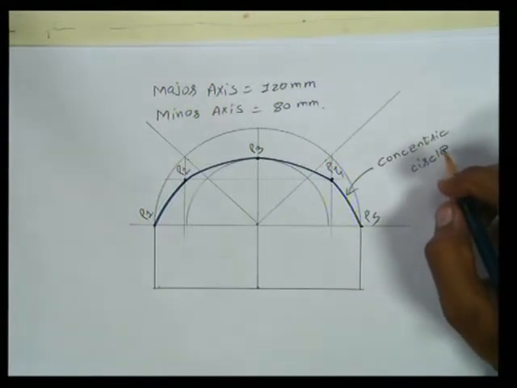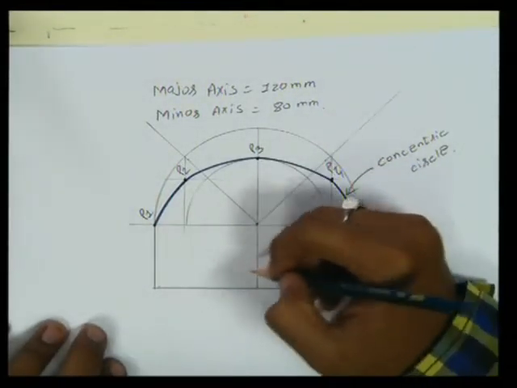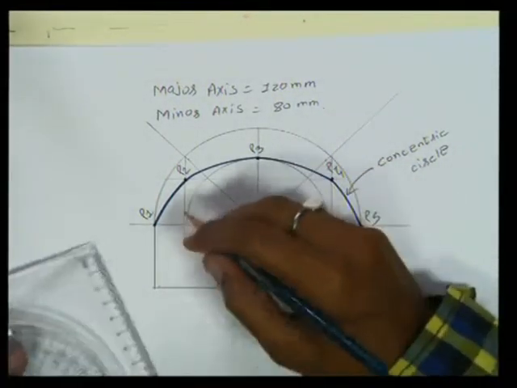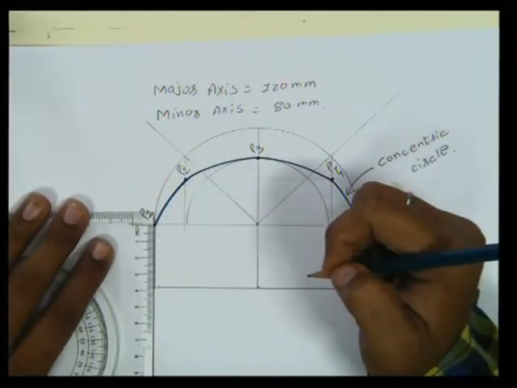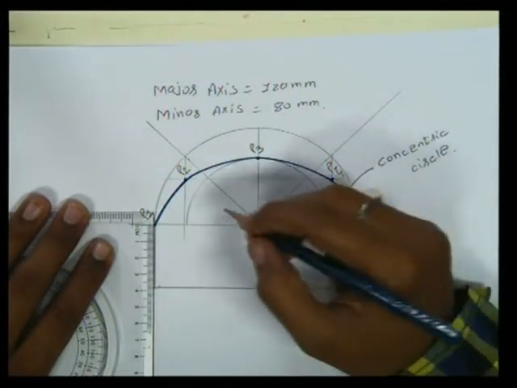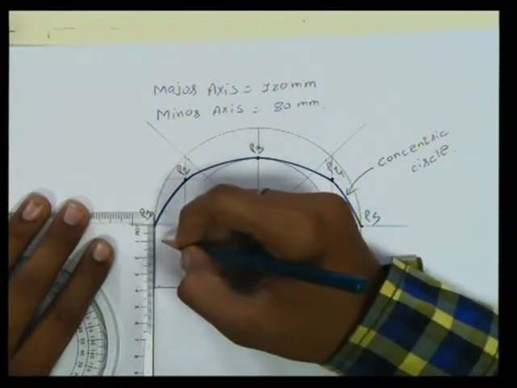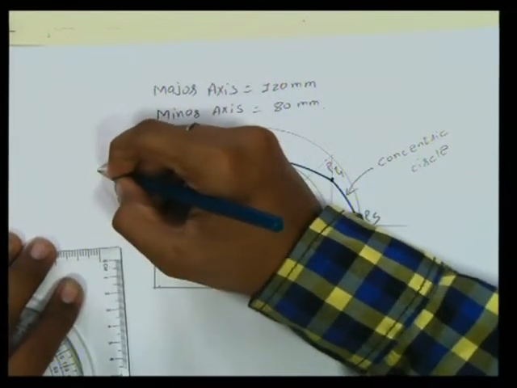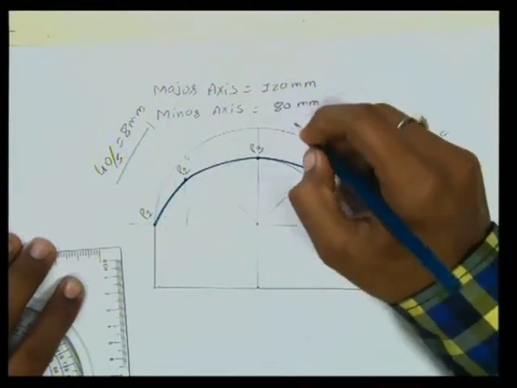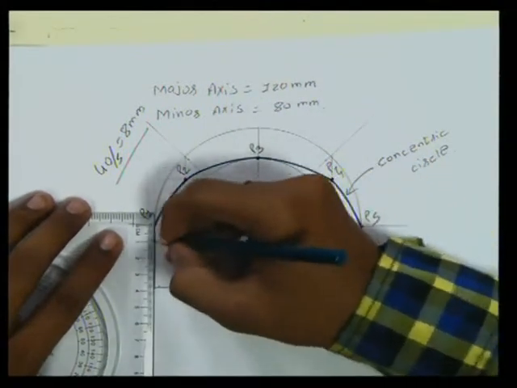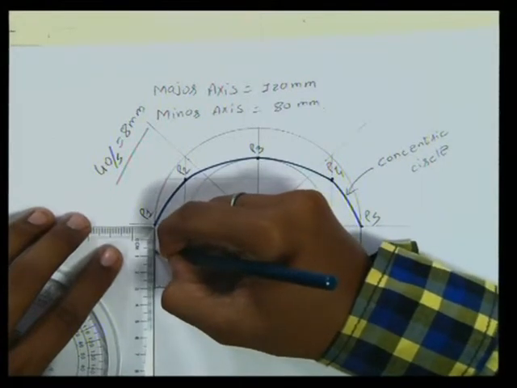Now for the oblong method, we need to divide this line, which is 40 mm, into 5 equal parts. 40 mm divided by 5 means 8 mm each part.